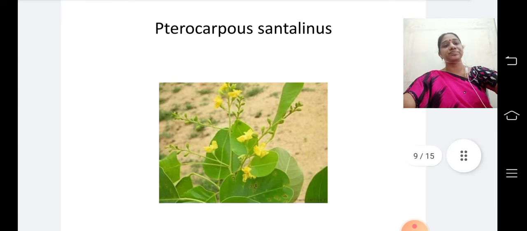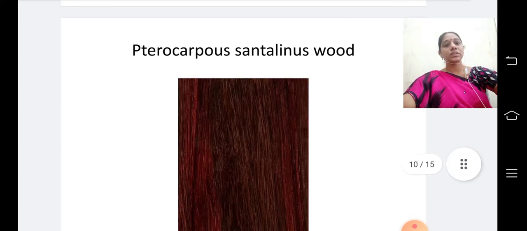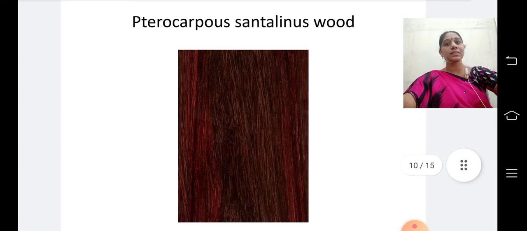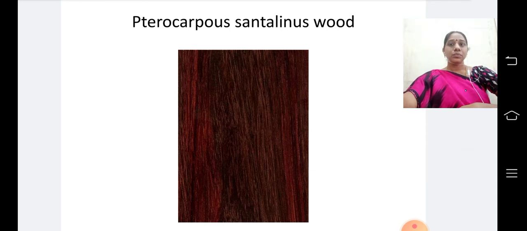Coming to the properties of the wood, Pterocarpus santalinus wood. The bark is blackish brown, cracked horizontally into rectangular plates. Wood is extremely hard and close grained.